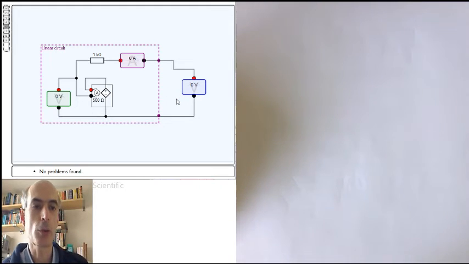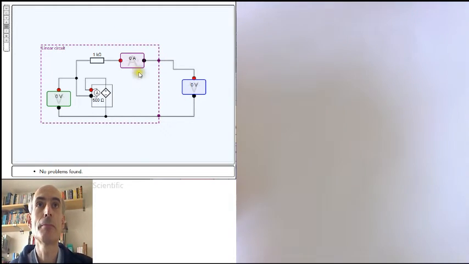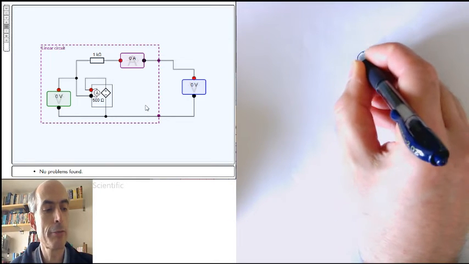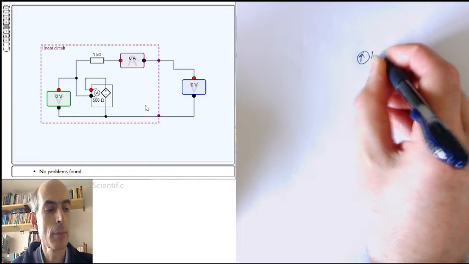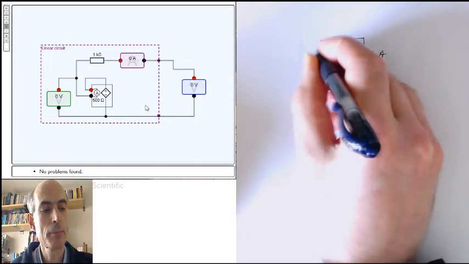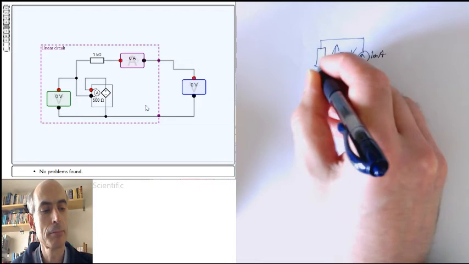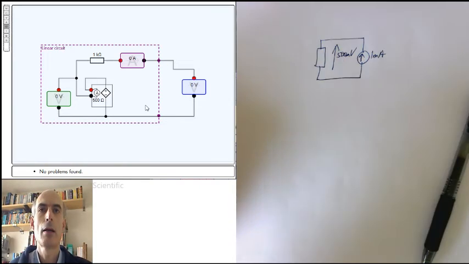If this really was equivalent to a 500 ohm resistor, then if I put 1 milliamp flowing into it, I should get 500 millivolts across it. Let's try.